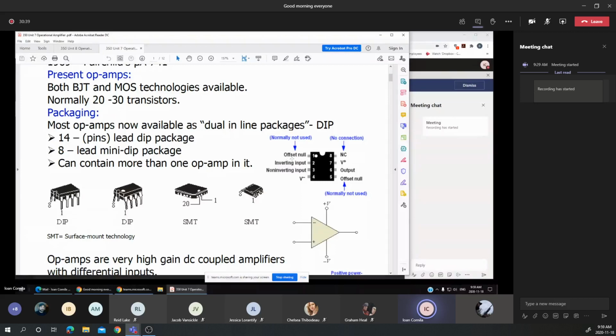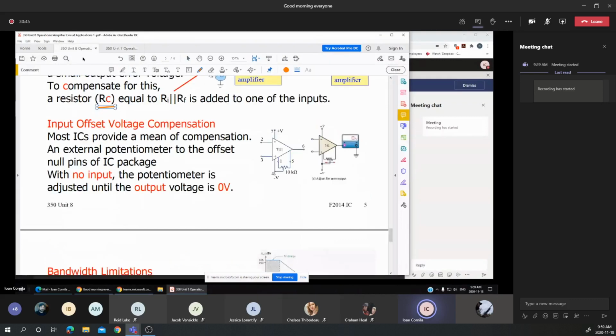Pin 1 is called the offset knob, and you notice that this diagram is using pin 1 and pin 5. Usually the value of this potentiometer or trimmer is provided by the manufacturer. Usually it's 5 to 10 kilo ohms, or 20, 25 kilo ohms, probably not larger than that, and it's connected to the negative of the supply voltage.